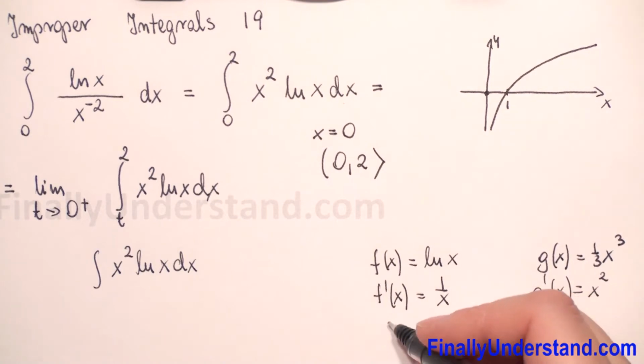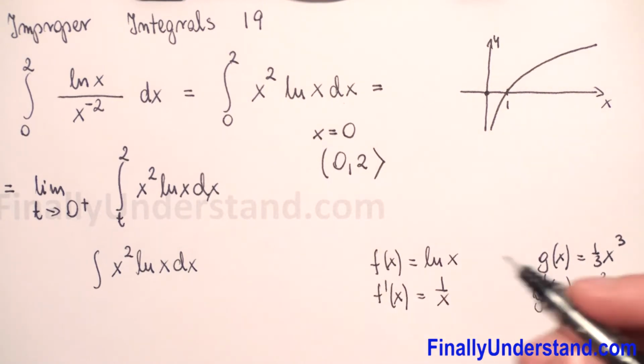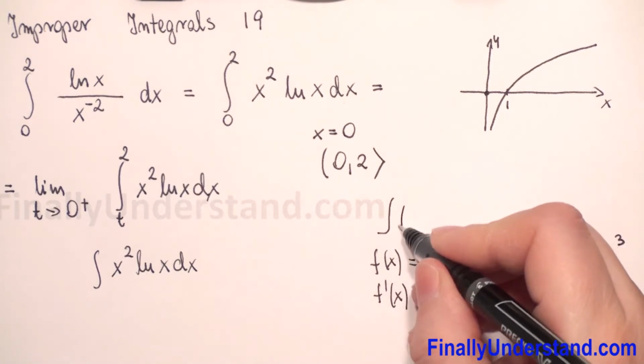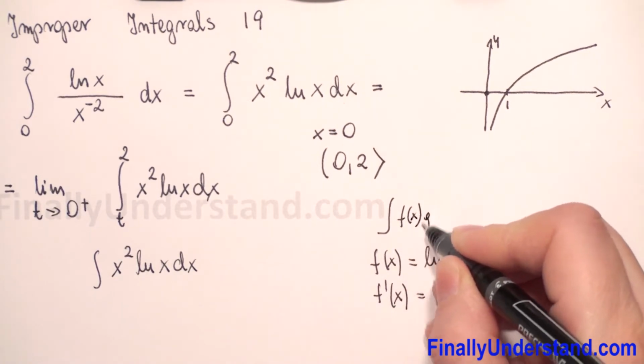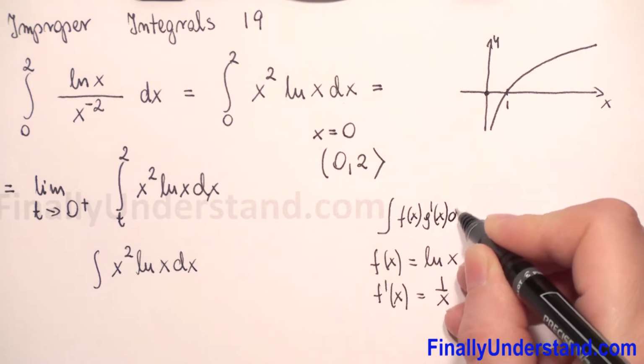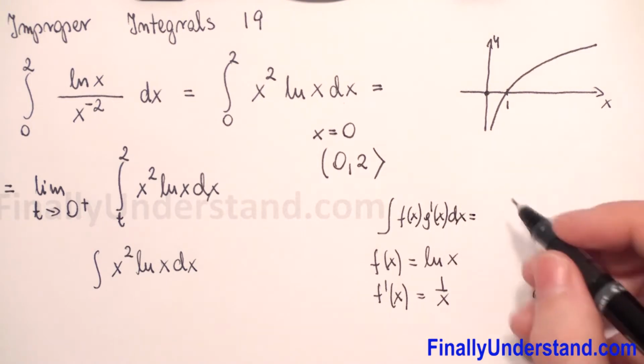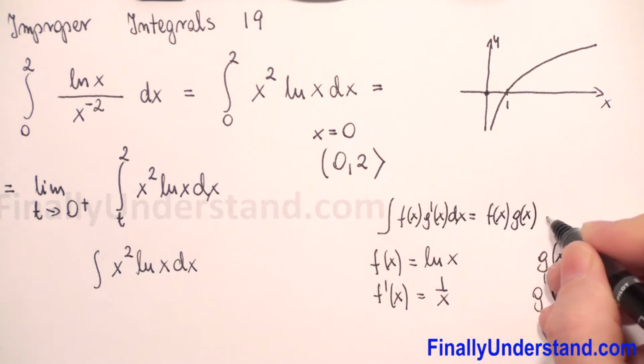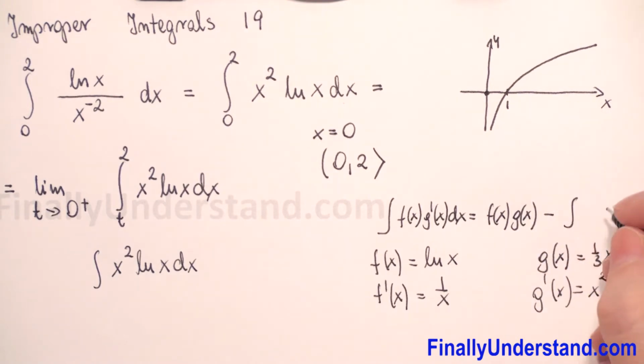Let me remind you this formula. Integration by parts, we have integral of f of x, g prime of x with respect to x. So this is equal f of x times g of x minus integral of f prime of x, g of x with respect to x.